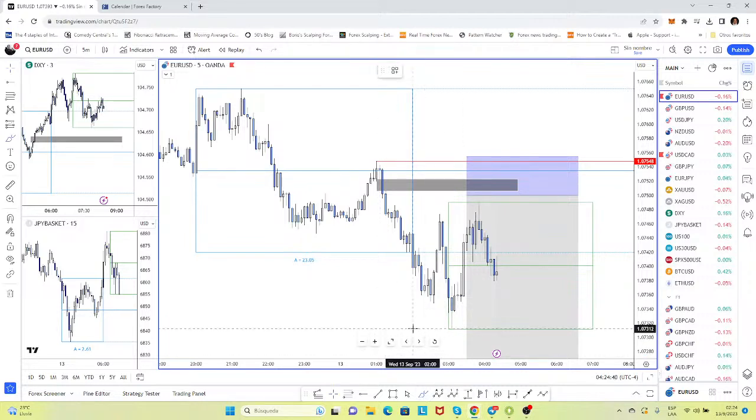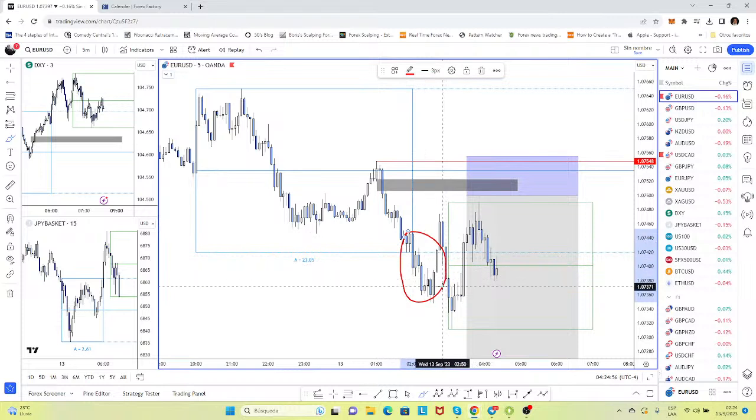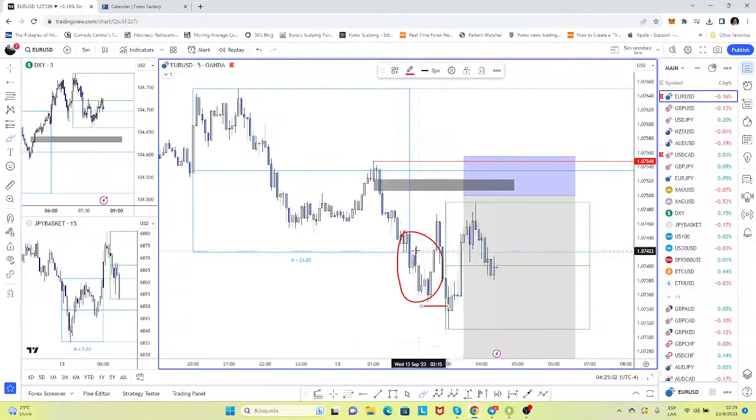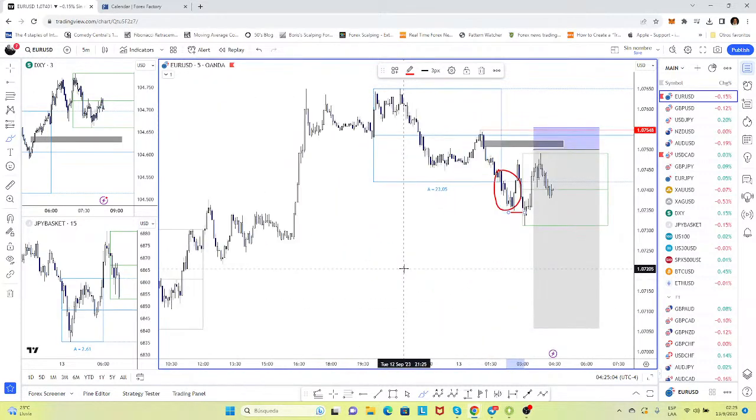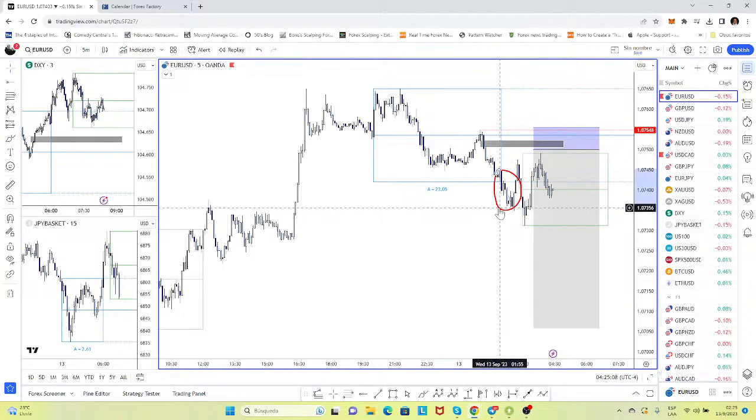So, mining the data, I realized that for me to consider a break of the Asian session lows in this case a real break, I'm not only looking at the volume pre-market London, I'm looking for a break of the structure too. So this signals to me that more downside continuation has a higher probability than a reversal.